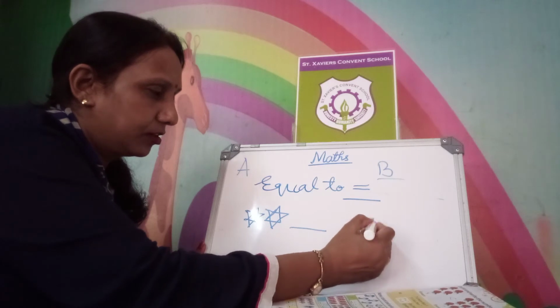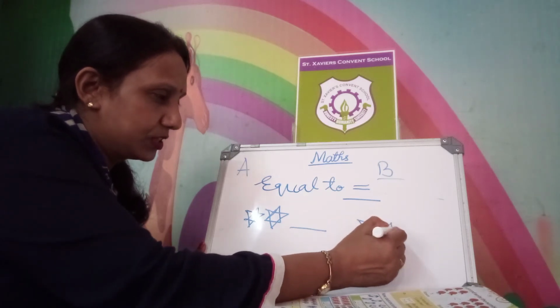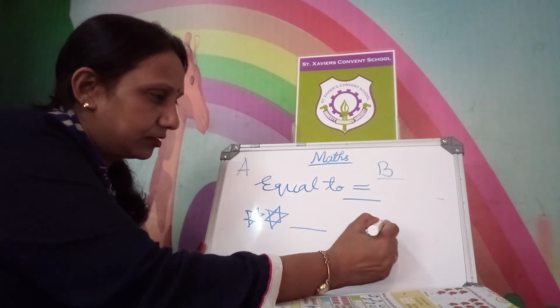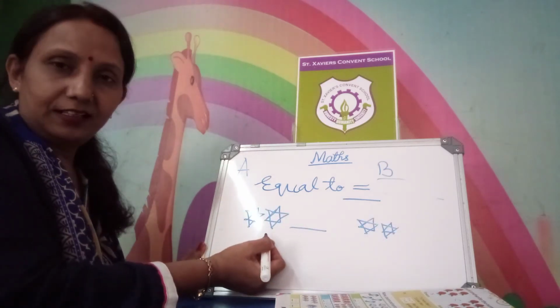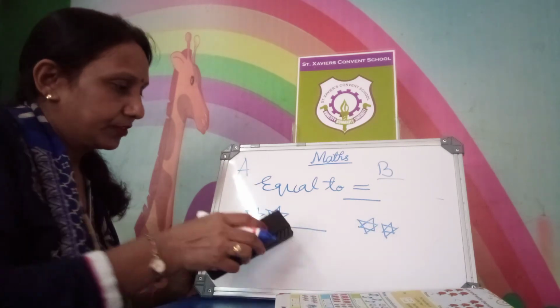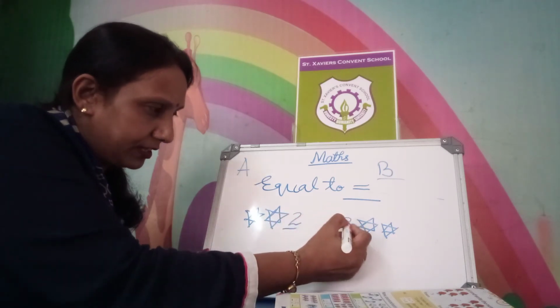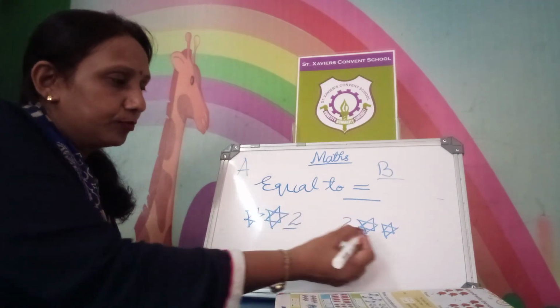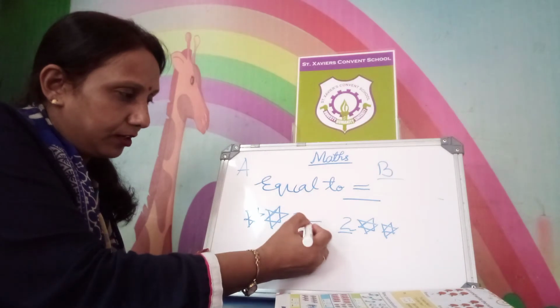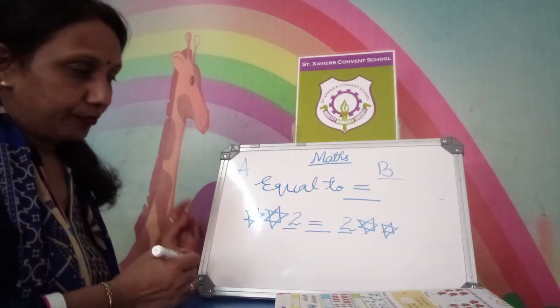One star, two stars. Two stars are there this side, two stars are there this side. Got it? So both the sides are equal. This is the sign of equal to.